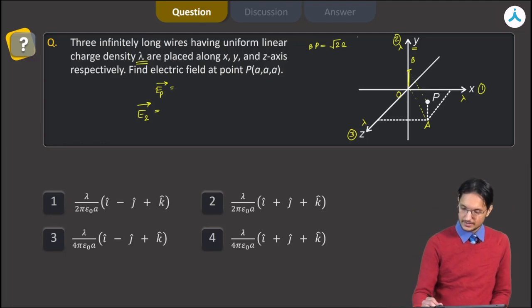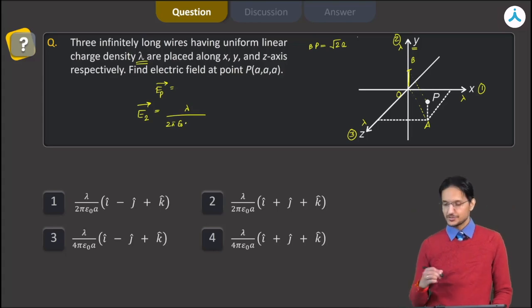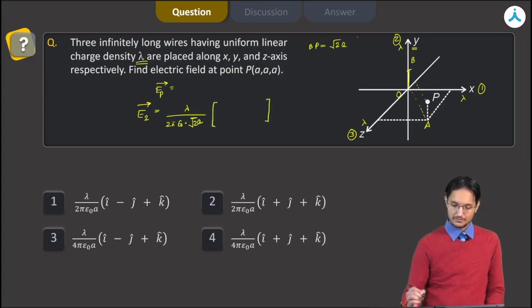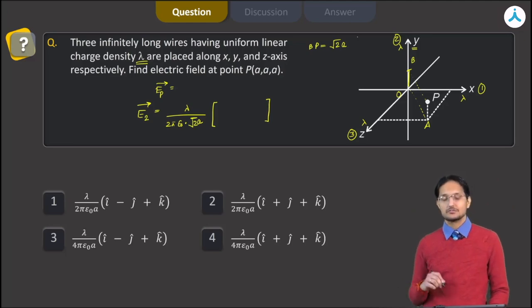So lambda upon 2 pi epsilon naught multiplied by the separation, and that is root 2A. Now this is the magnitude and we need to report in terms of the vector.